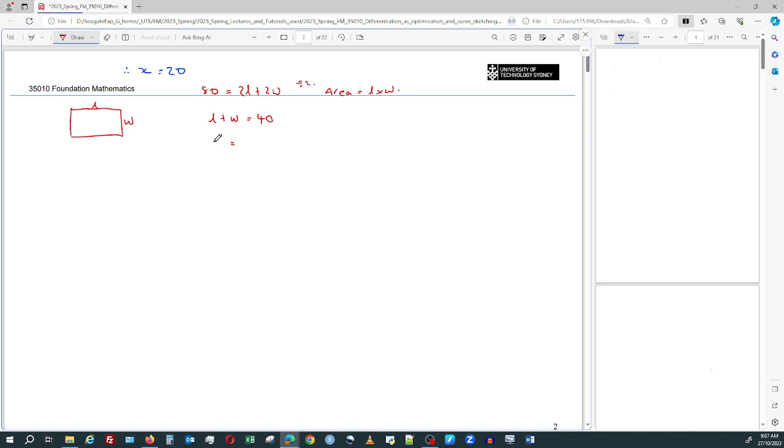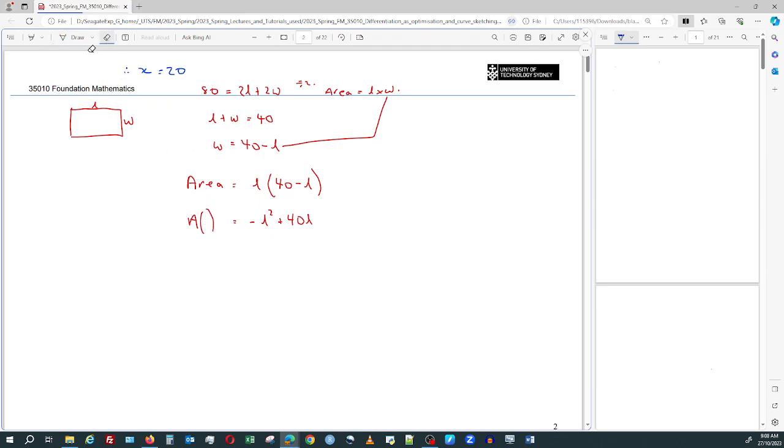So whichever choice you make here is important. 40 minus the length, because that's the thing that's going to get substituted in, and then we'll have an area function which is equal to length times 40 minus L. Okay, now we just want to be careful here because we're going to make this minus L squared plus 40L, and now we've got this area in terms of L.